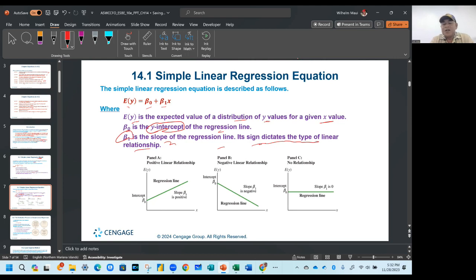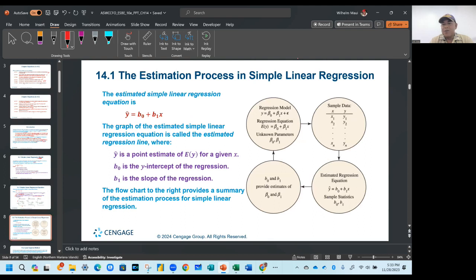These are the familiar lines: the law of supply is a positive relationship between the price and the quantity supplied, and the law of demand says there is a negative relationship between the price and the quantity. I'm trying to run the parallel between this class and other classes. And if beta 1 is 0, it means there's no relationship between the two. In many cases, many variables are not related at all.